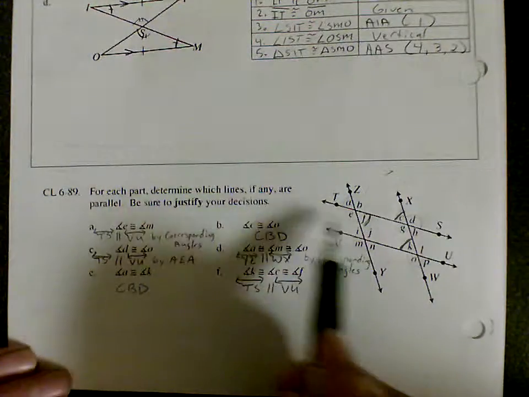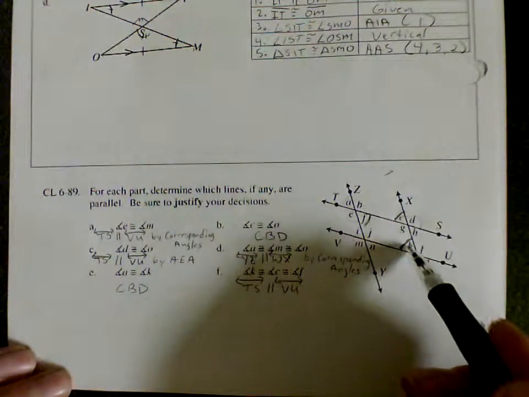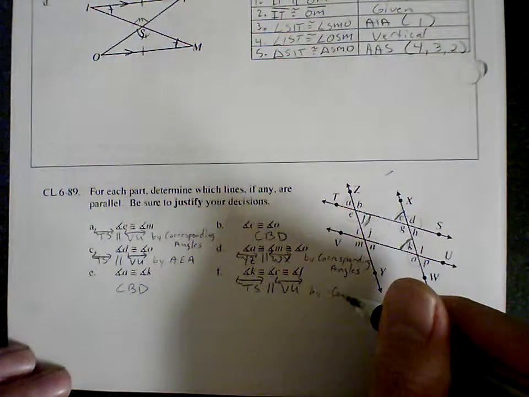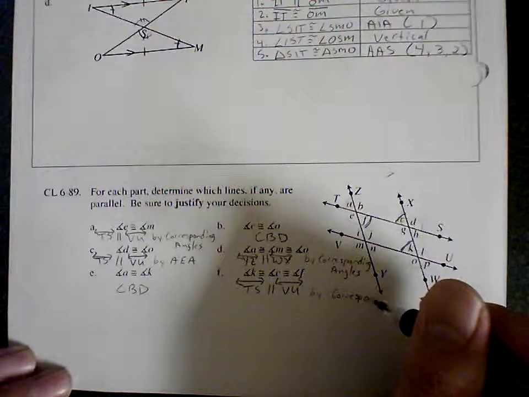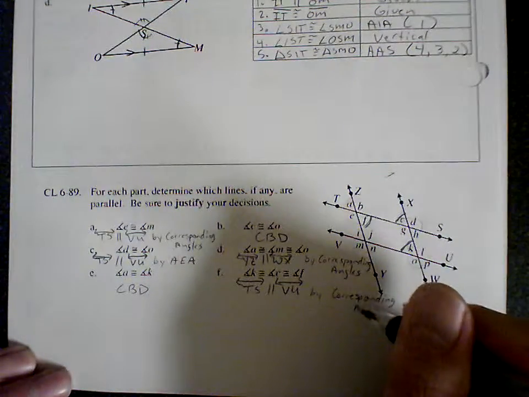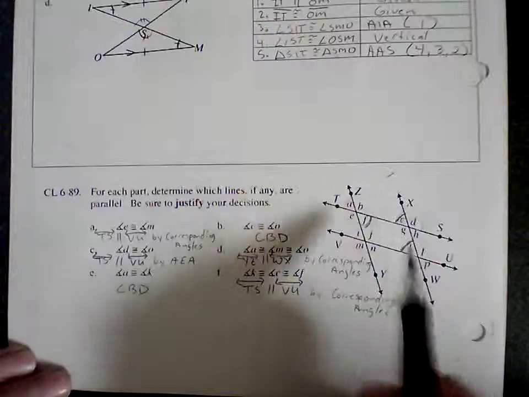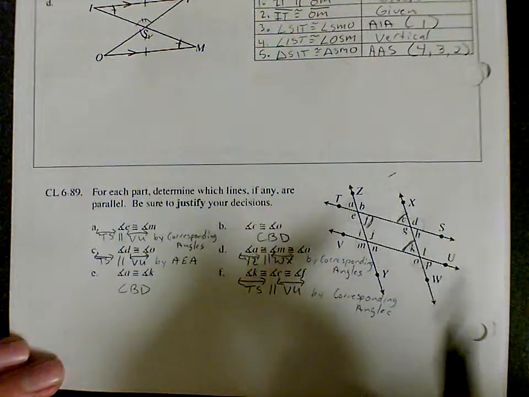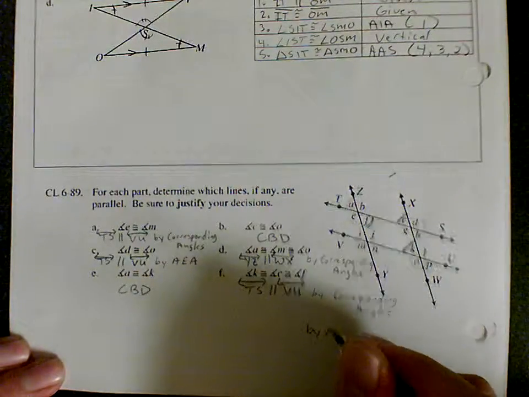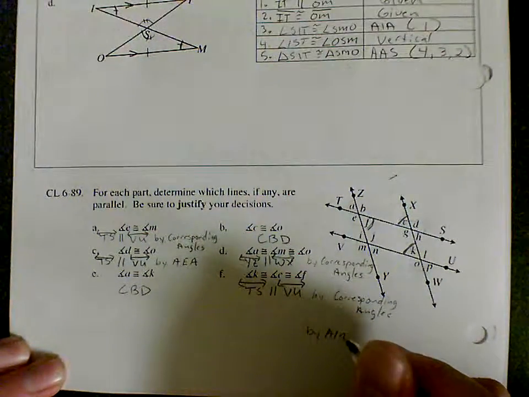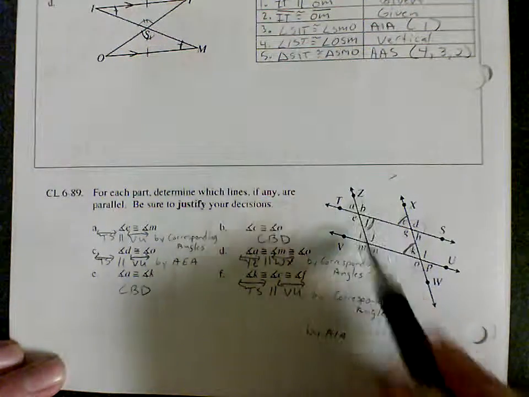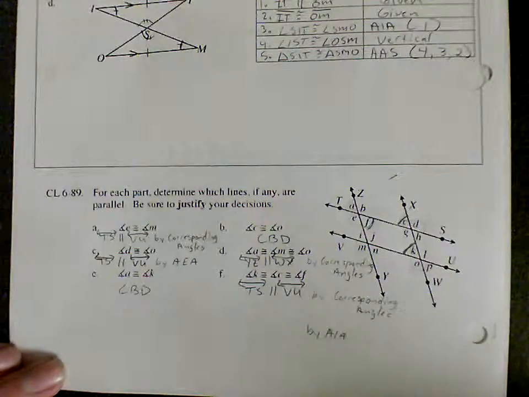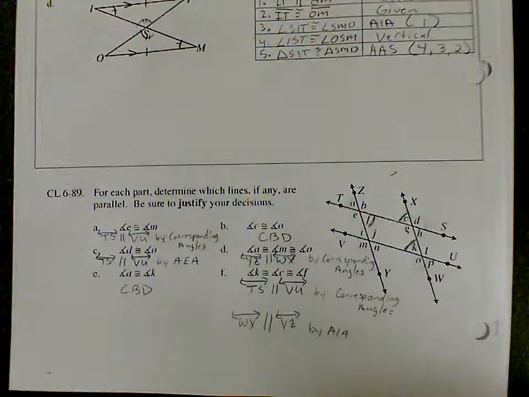So TS must be parallel to VU, and my relationship between these two are corresponding angles. And let's see if this angle F has anything to do with it. If we look at the relationship between F and C, we do know they are alternate interior angles. So then if these two are alternate interior angles, this line and that line must be parallel. So WX is parallel to YZ.